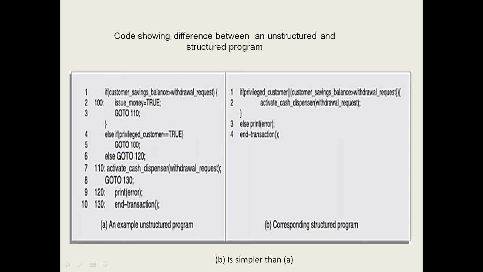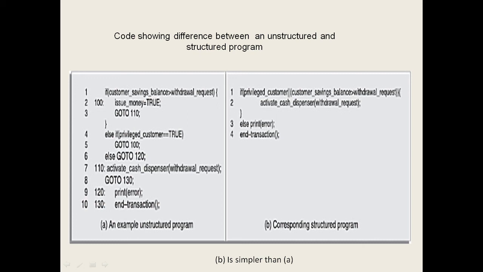And if the condition checked using the if statement is false, the control will be transferred to the third statement. So there are two conditions. If the if condition is true, the control of execution will be passed to the second statement. If the condition specified using the if condition is false, the control of execution will be transferred to the third statement, the else statement, else print error.